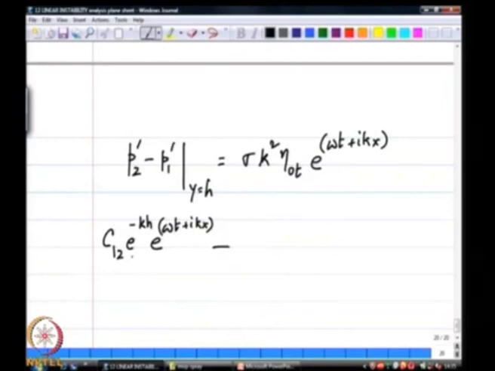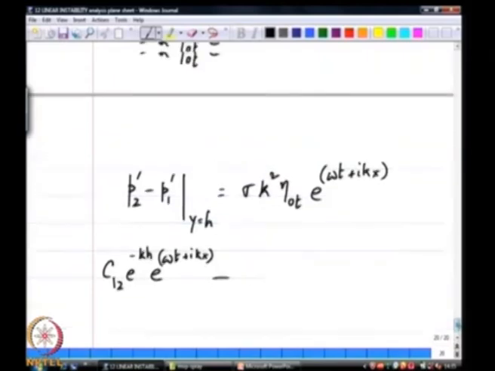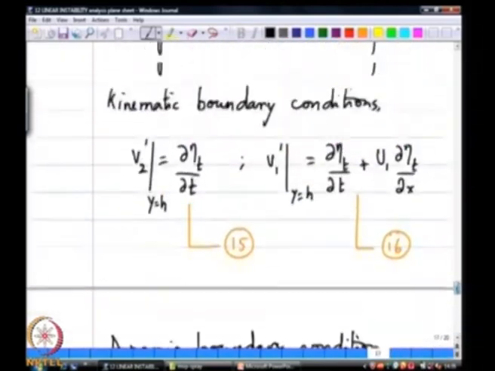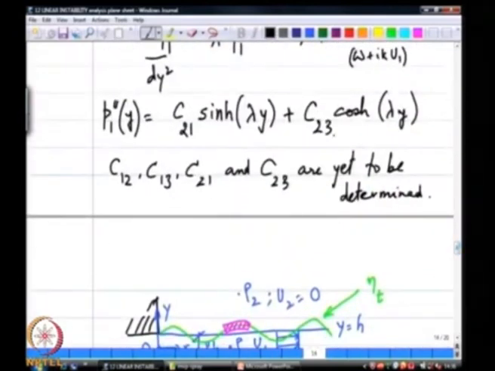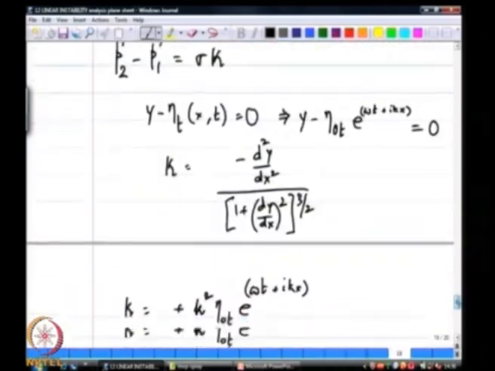This is P 2 prime at y equal to h. P 1 prime at y equal to h has these two, C 2 1 and C 2 3, but this is P 1 double prime. So, we just have to multiply this by e power omega t plus I k x.